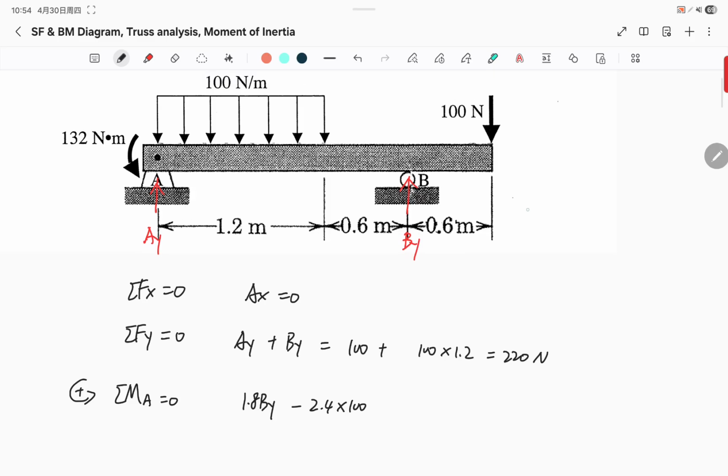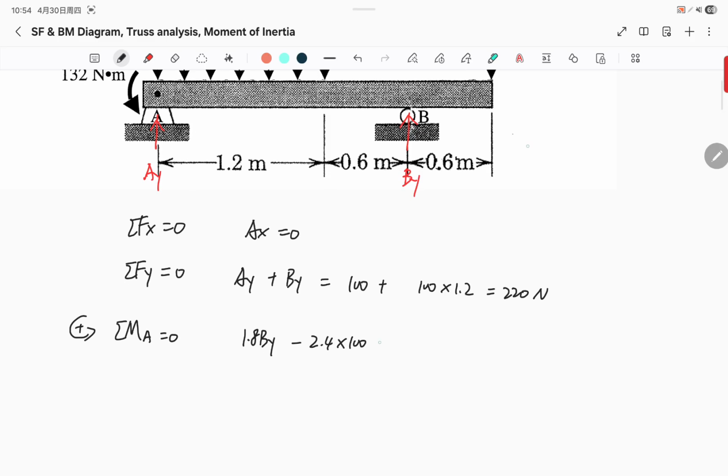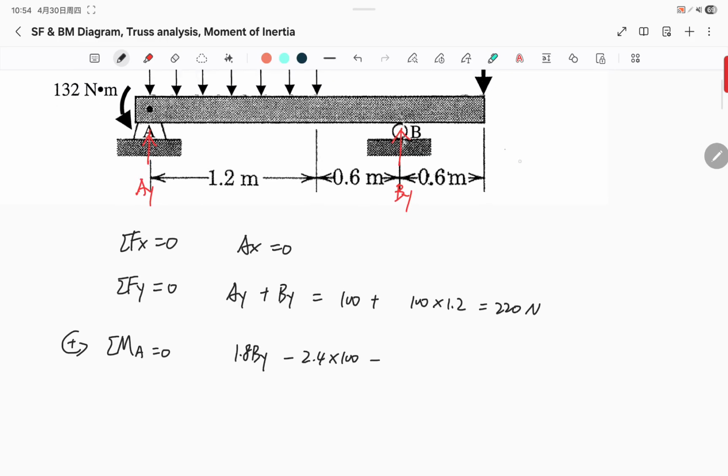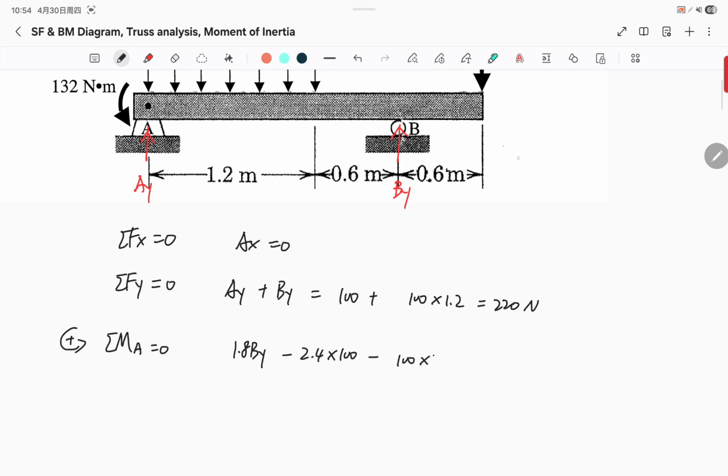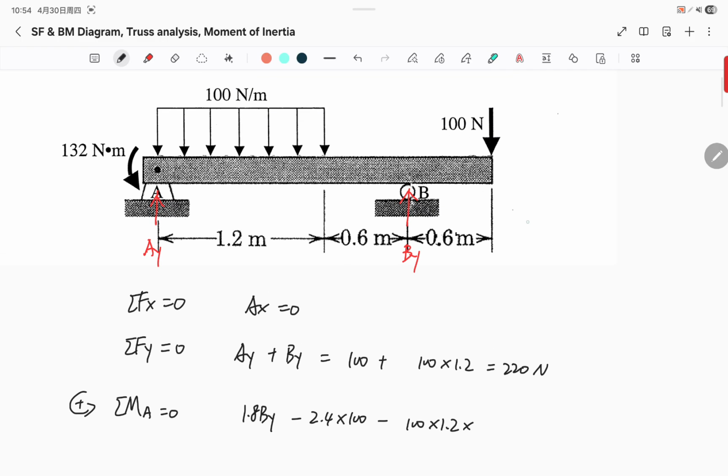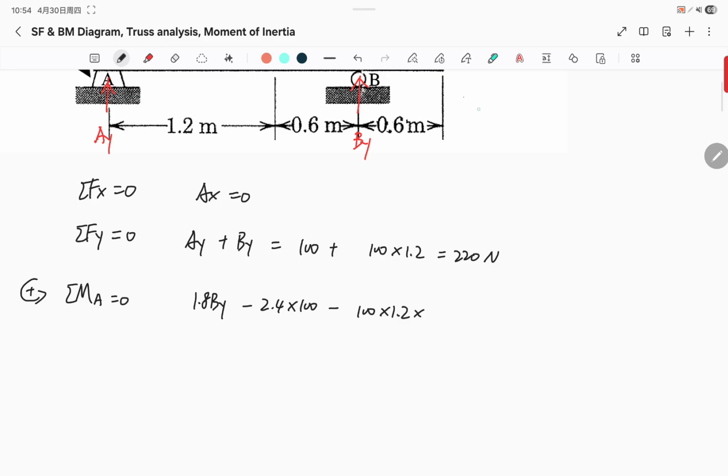And then we have the distributed load. It is negative. Its magnitude is 100 times 1.2. And the distance from the load to A is half of 1.2.